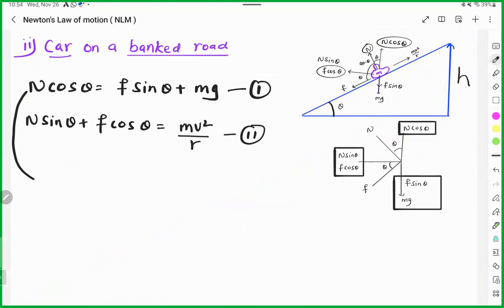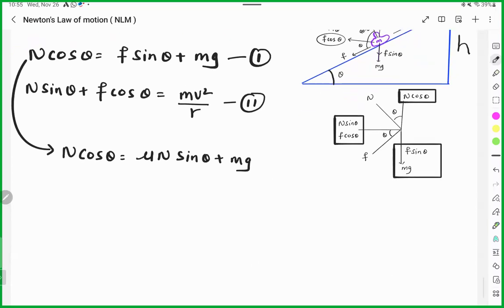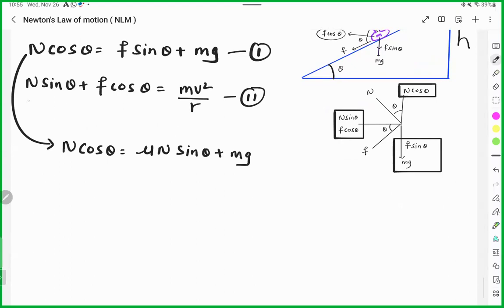Now I am using equation 1 again. Can I write n cos theta is equal to force, which is nu n, sin theta plus mg, correct? I just put the value of frictional force, which is equal to nu n, right?